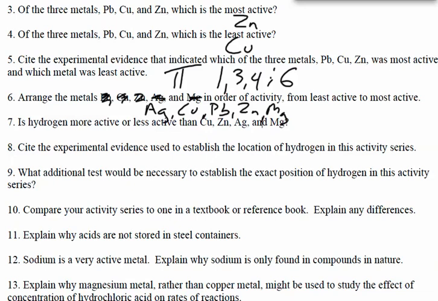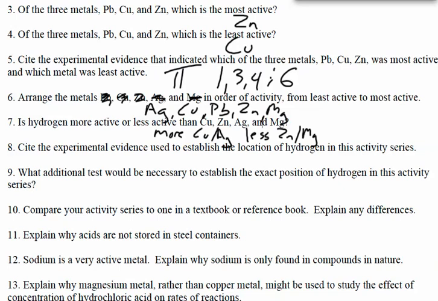Is hydrogen more active or less active than copper, zinc, silver, and magnesium? So it's right in the middle. So you'd say it is more active than copper and silver, but less than zinc and magnesium.